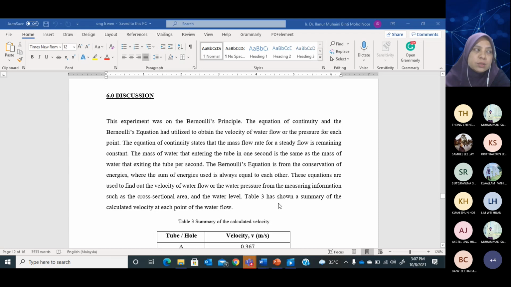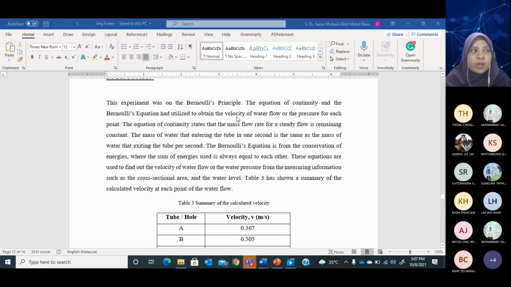Okay, then discussion. This experiment was using Bernoulli's principle. Equation of continuity and Bernoulli equation have been utilized to obtain the velocity of water flow or the pressure for each point. Okay. But provided you are measuring velocity, you must have something which is constant, which is the water, that is not mentioned in the report.